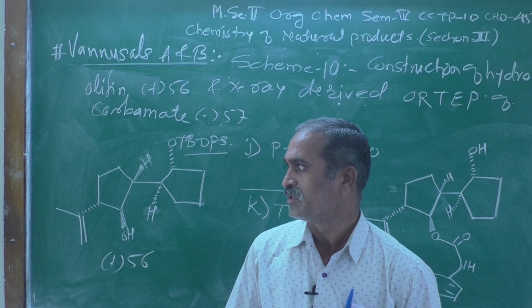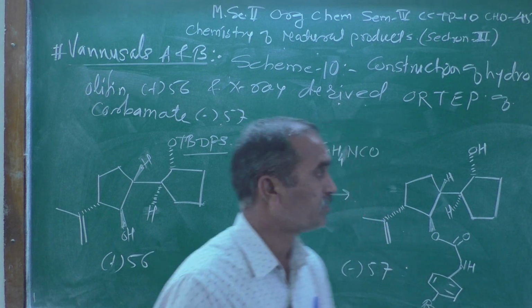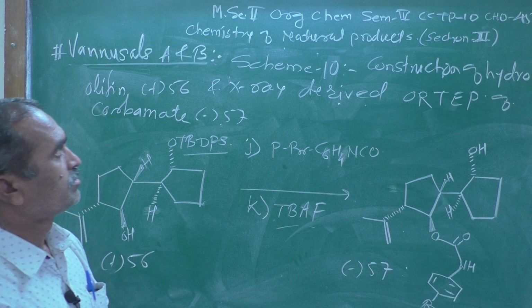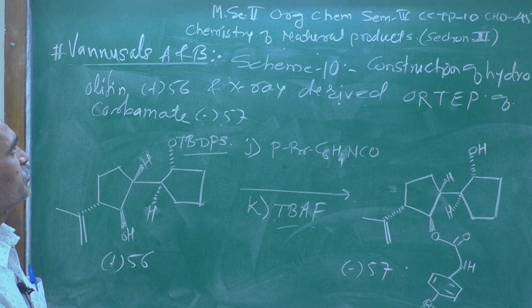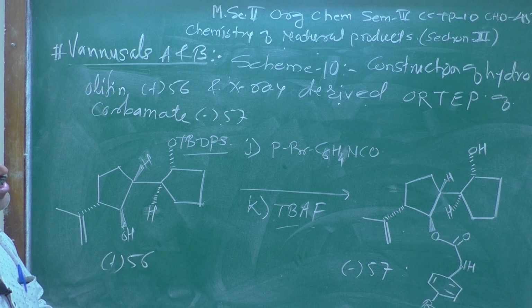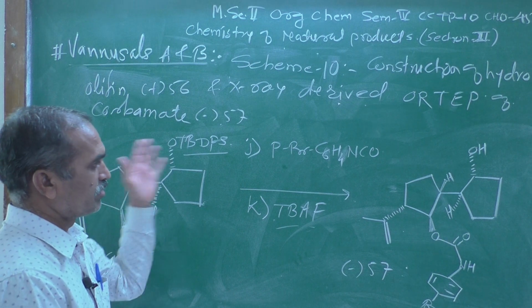I think we have discussed scheme number 10, that is the construction of hydroxyolefin plus 56 and the X-ray derived ORTEP of carbamate minus 57.